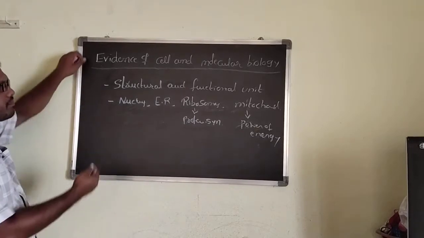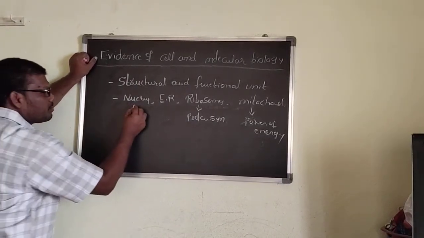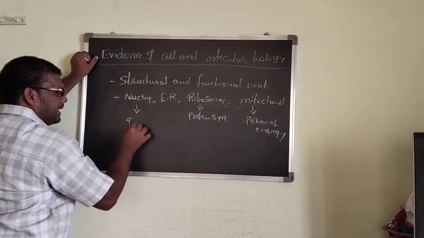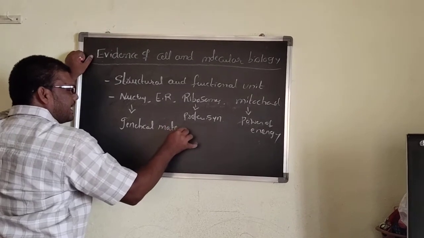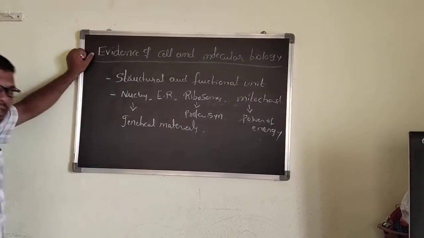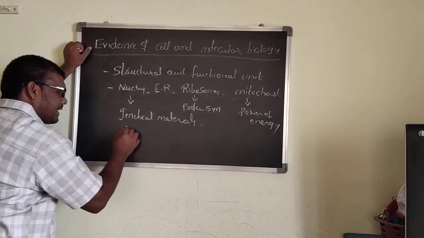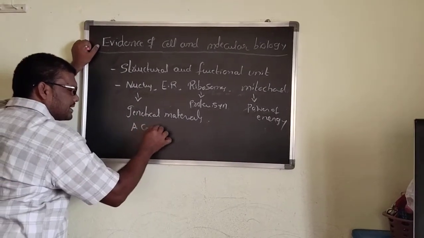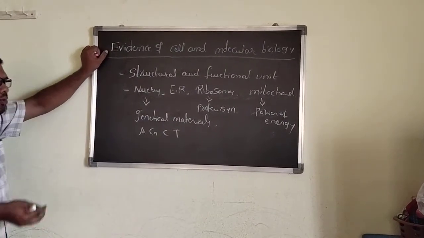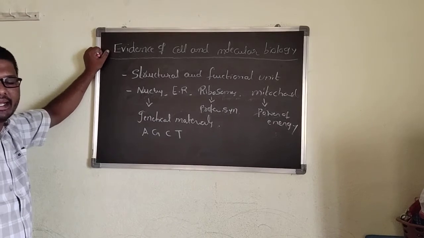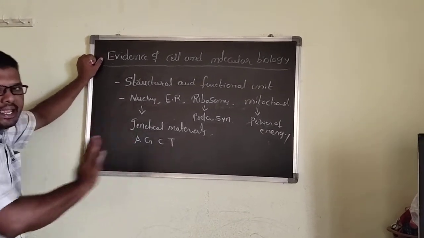And if you observe the nucleus, it has chromosomes, and the chromosomes have genetic material, either RNA or DNA. RNA and DNA have coding bases: adenine, guanine, cytosine and thymine. That's why the coding of genetic material is the same for all living organisms.